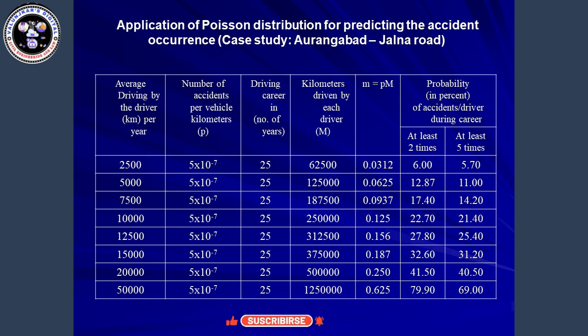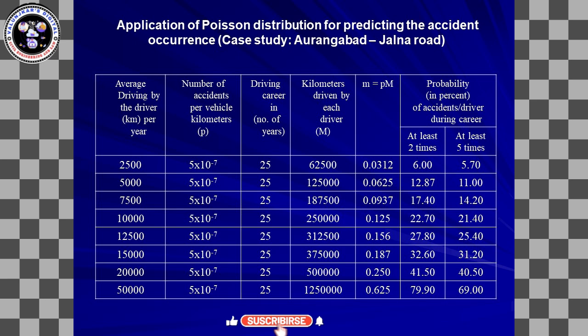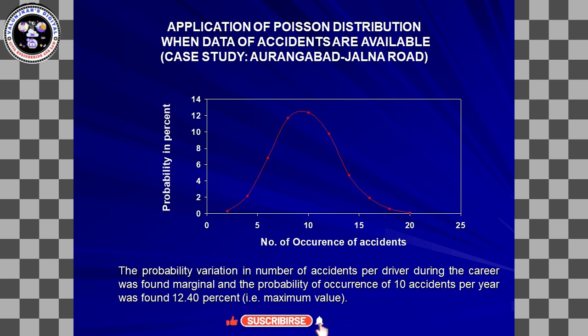The tabular form has the average driving by the driver in kilometers per year, number of accidents per vehicle kilometer, driving career in number of years, kilometers driven by each driver, m is equal to p M, and the probability in percentage of accidents per driver during the career. Then the application of Poisson distribution when the data of accidents are available.